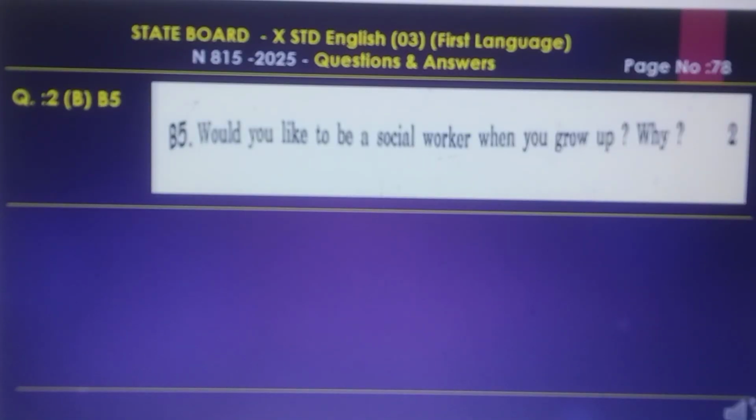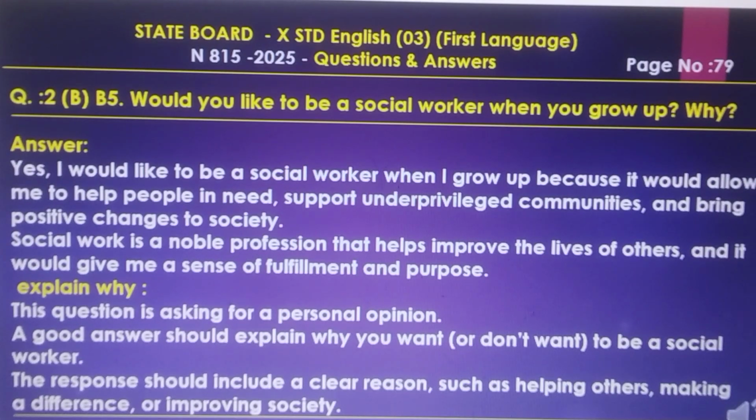Question number B5: Would you like to be a social worker when you grow up? Why? Yes, I would like to be a social worker when I grow up because it would allow me to help people in need, support underprivileged communities and bring positive changes to society.